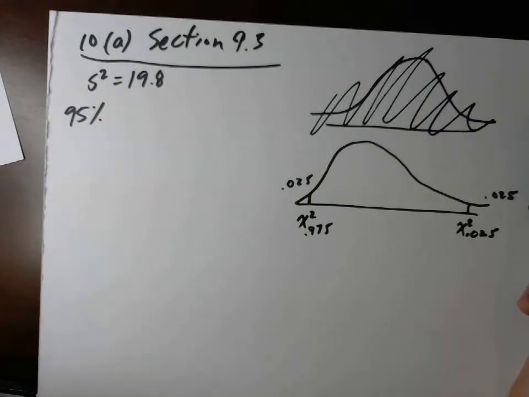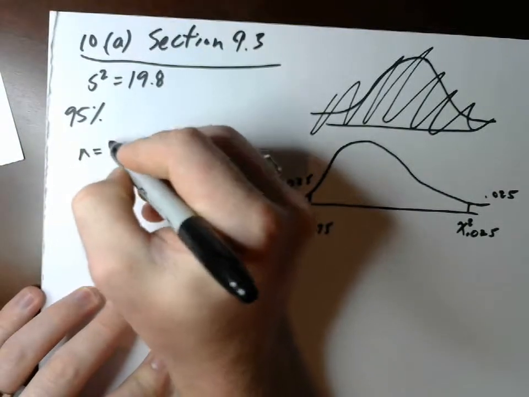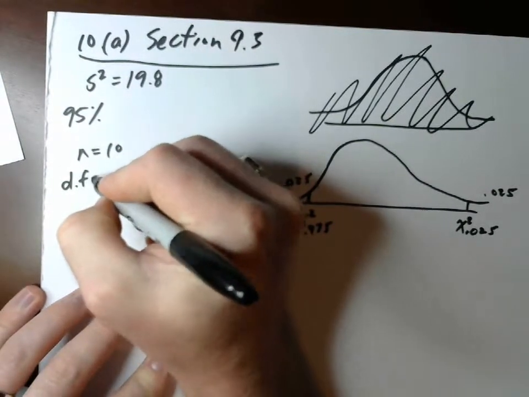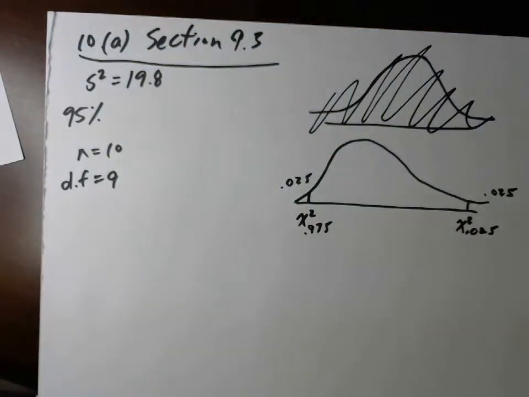Now, the other piece of information, similar to a t-distribution, is we need to know the degrees of freedom. It is mentioned in the problem that n, the sample size, is 10. So degrees of freedom is equal to 9. So we are looking at row 9. Flipping to a chi-square distribution table, which should be in the back of your book, this is table 7, I believe.